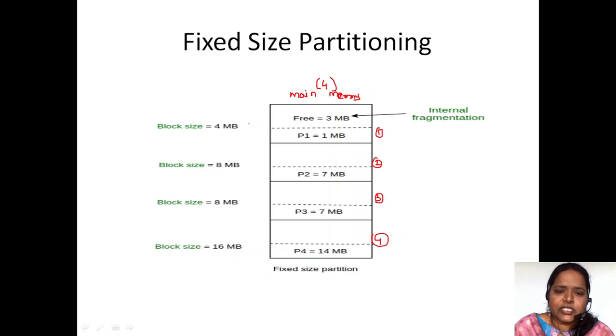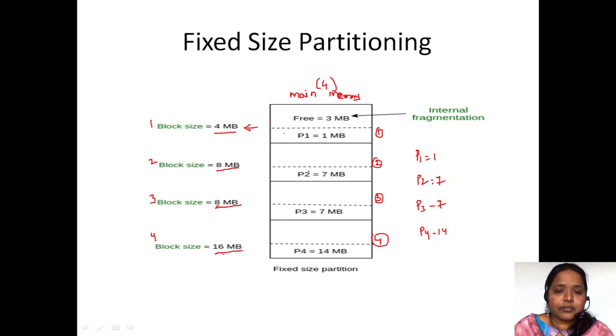The first block size is 4 MB, the second block size is 8 MB, the third block size is 8 MB and the fourth block size is 16 MB. Here we are having 4 processes, P1, P2, P3 and P4. P1 needs 1 MB, P2 needs 7 MB, P3 needs 7 MB and P4 needs 14 MB.